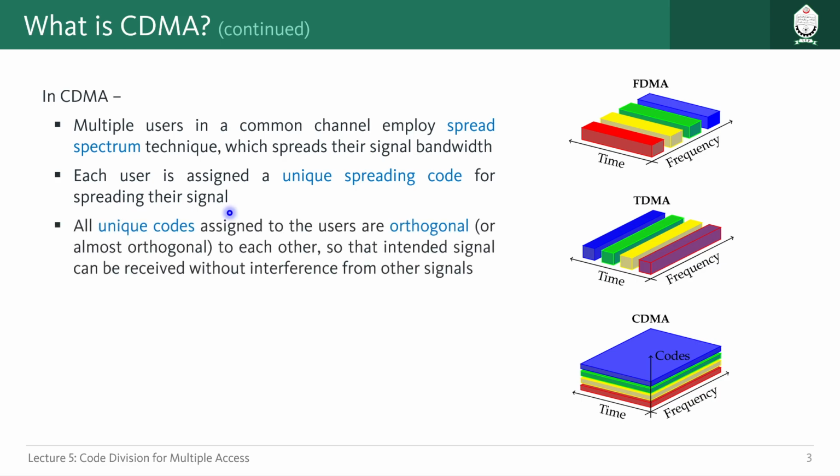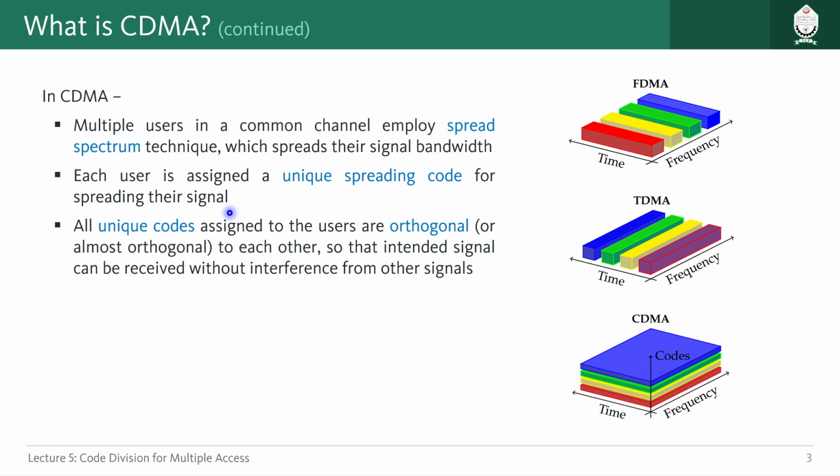But as the spreading codes have a very special criterion, that all of those codes will be orthogonal to each other, as a result, what will happen? The transmitted signals will not interfere with each other in CDMA. Even though multiple users are communicating at the same time in the same channel, because all the codes they are using are orthogonal to each other, there will be very minimum to even zero interference among the users.